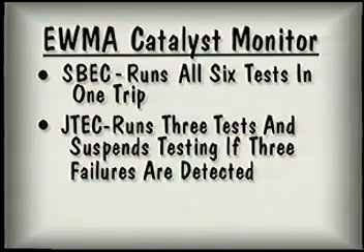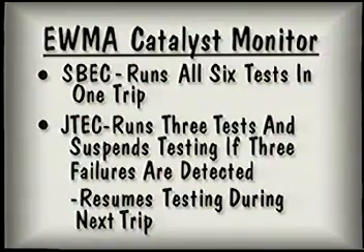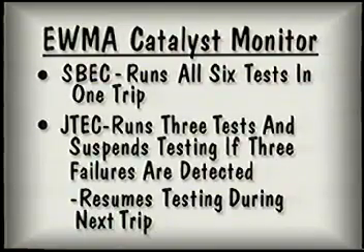On J-Tech vehicles, however, the PCM will run 3 tests, then suspend testing for the remainder of the trip after 3 failures are detected. During the next trip, once enabling conditions are met, the PCM will resume testing. If 3 additional failures are detected, the PCM will store a DTC and illuminate the MIL.